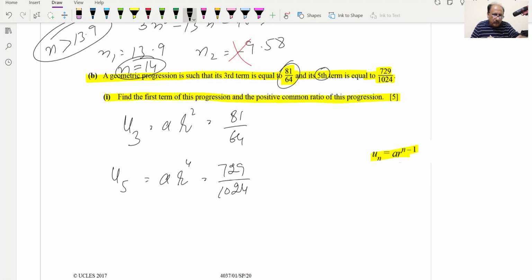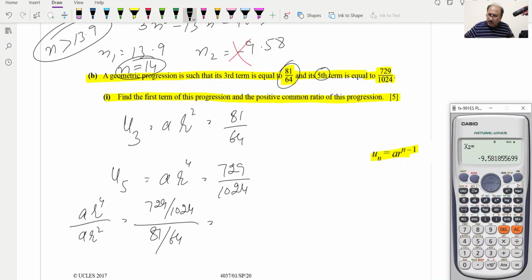And now we can find the common ratio. For that we can divide. So ar4 divided by ar squared will be equal to 729 over 1024 divided by 81 over 64.